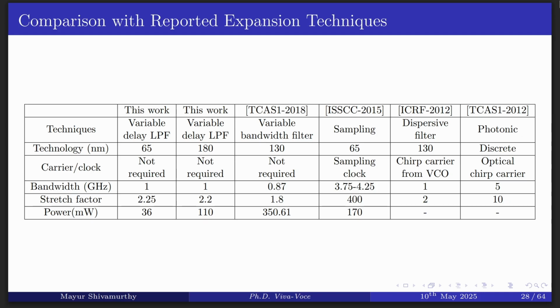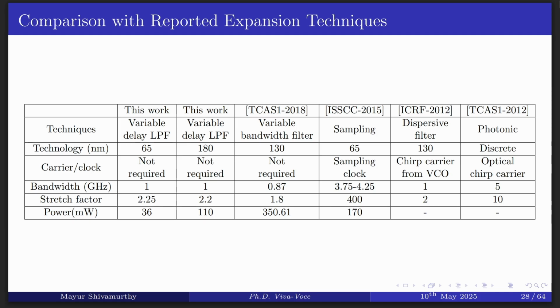The proposed expansion technique is compared with other reported architectures. Unlike the photonic based expansion, which requires lengthy optical cables for the expansion, this technique does not require those things. Also, the dispersive filter and photonic based approach needs a highly linear chirp carrier, which this particular technique does not need.